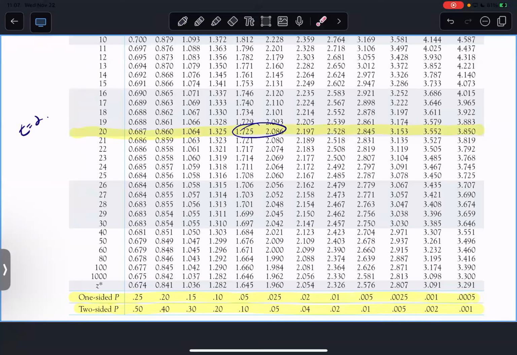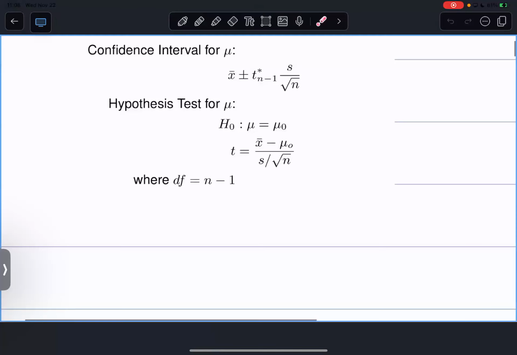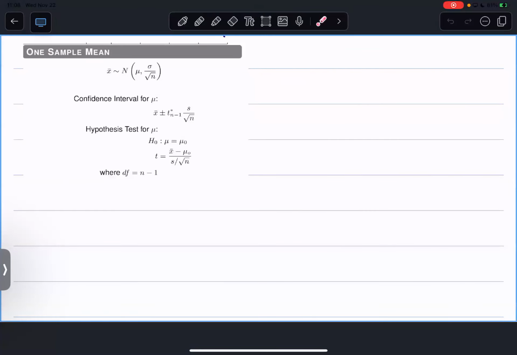It would fall somewhere between 1.725 and 2.086, which means that my, let's say, two-sided p-value is somewhere between. You have to read these from right to left because they're decreasing as you move out further into the tail, right? The area in the tail gets smaller. So then you want to list them from smaller to larger, 0.05 and 0.1. Yeah. I am going fast, but we're about to do it all over again.